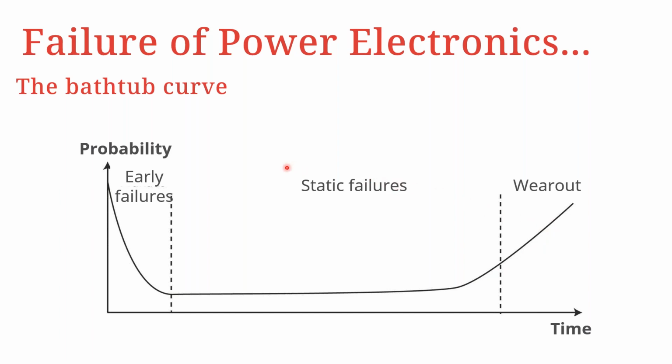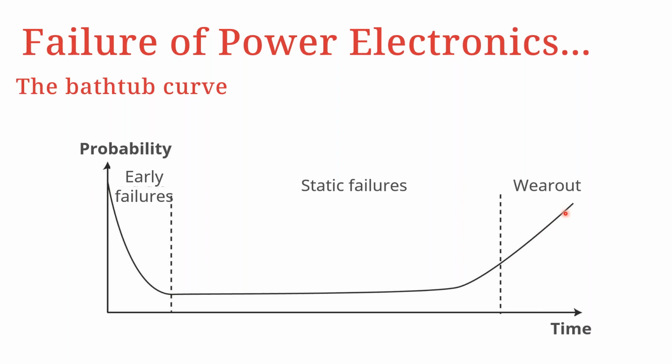So for every electronic component, even if it scales through the early failure stage without any failure or repair, and does so for the static failure stage, a time will come eventually when it will have to give way, per se, and will have to be replaced.